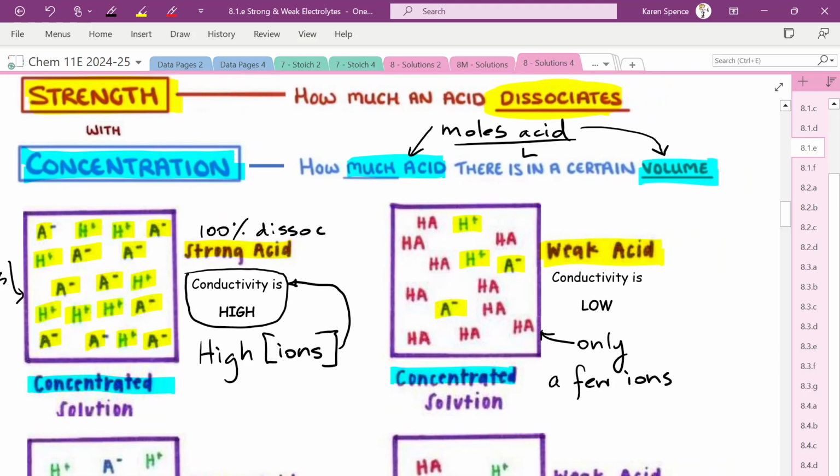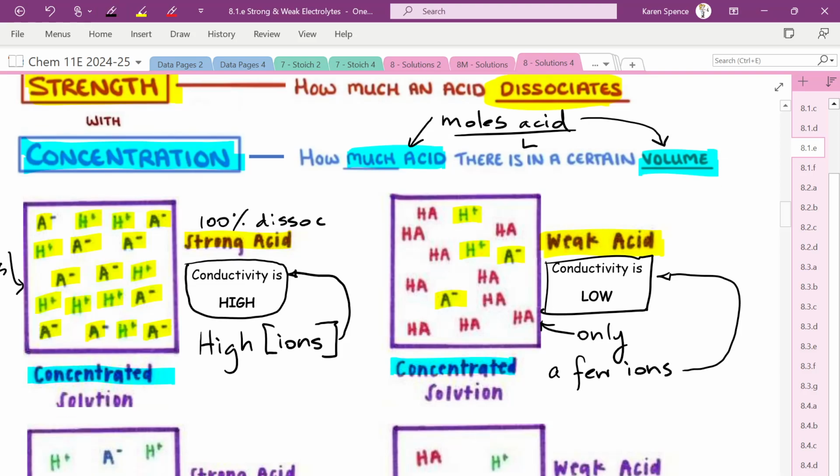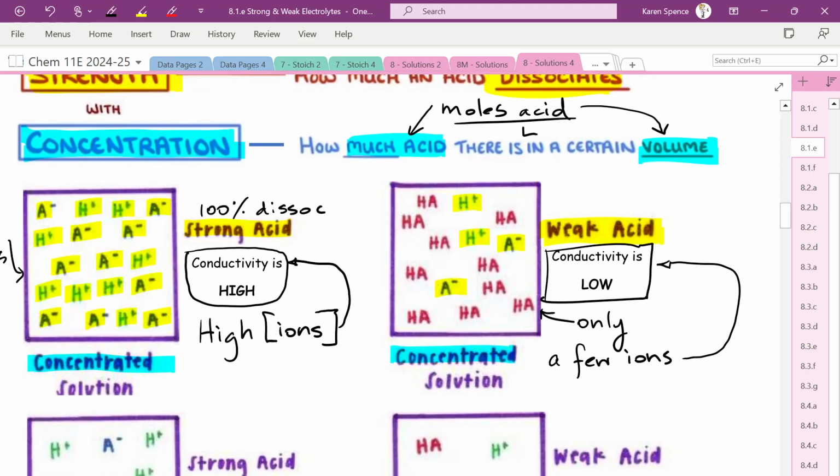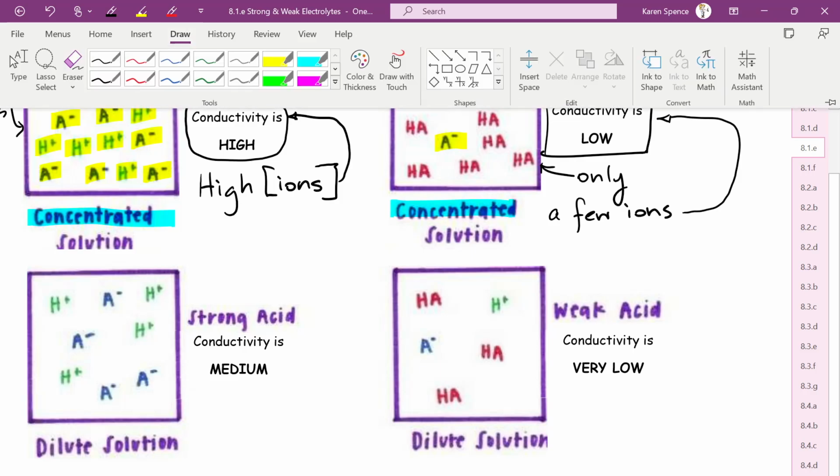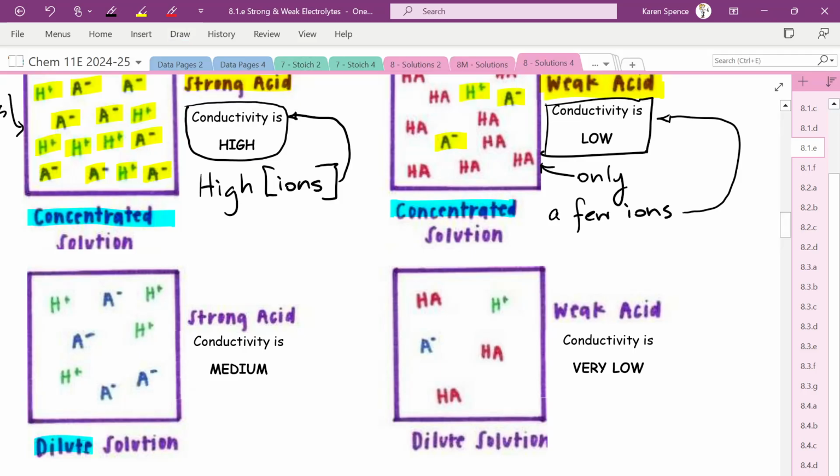And if the concentration of the ions is low, what happens to our conductivity? Low. Conductivity is low. Now we're going to take that same strong acid and dilute it. We're going to take the same weak acid and dilute it. So now, instead of having concentrated solutions, we have dilute solutions.